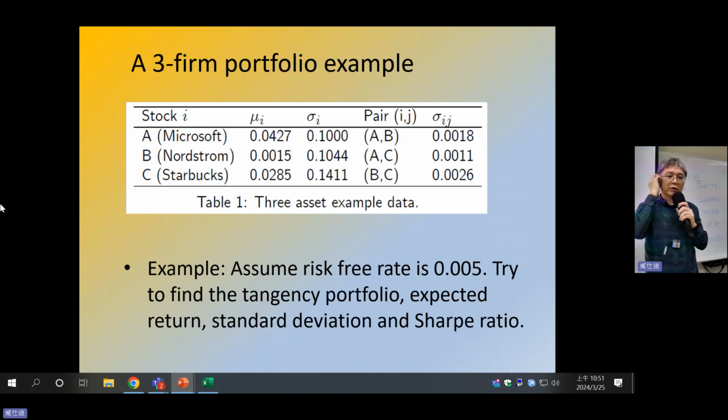Okay, so in the following is a very simple example, and I use this example to illustrate the problems we have just mentioned. So now we have a three-firm portfolio example: Microsoft, Nordstrom, and Starbucks. But basically, these data are based on the data in Excel or CSV you can download from the Trunk class. Okay, because I already uploaded it to the Trunk class, so you can see here.